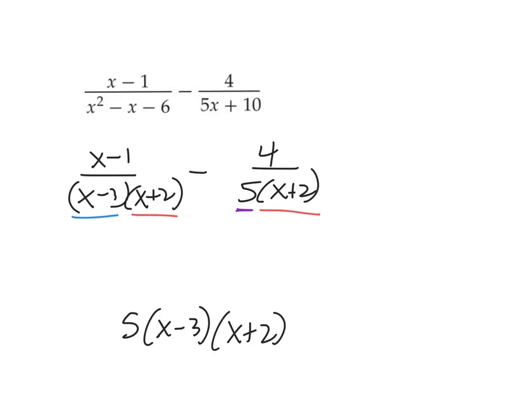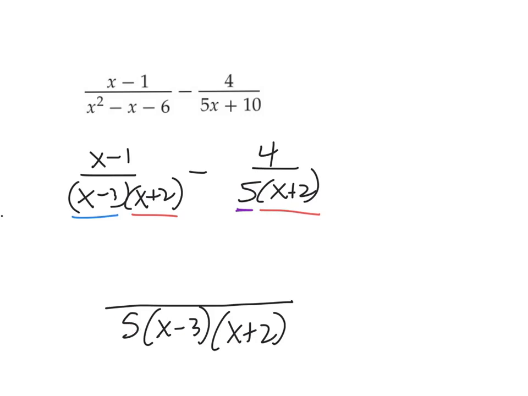That's my common denominator. Now, here's where the what's missing kind of applies. So when I look at this denominator here, what is missing from this that the common denominator has?